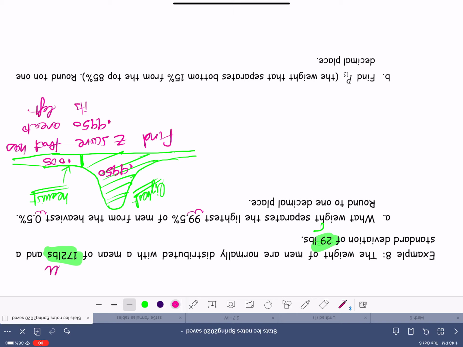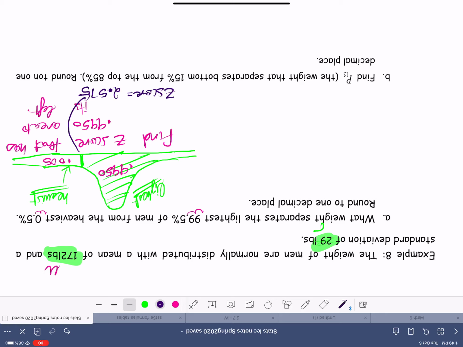We can do that, and that's going to give us 2.575, and that would be our z-score. So this z-score here is 2.575, because I didn't have the exact number 0.9950. Now that is my z-score.